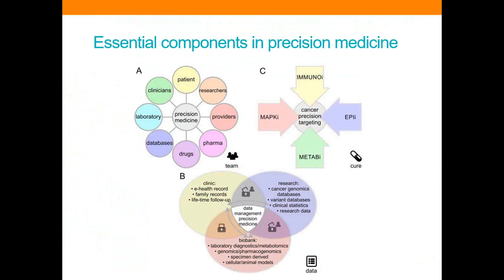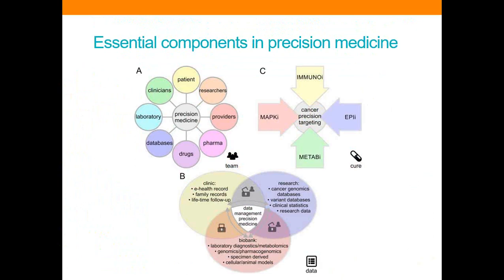On the top left, A, is the group of healthcare providers, starting with our patient, but then involving clinicians and researchers, the laboratory, the database, the drugs we use, the pharmacy, that we need to begin to implement precision medicine.